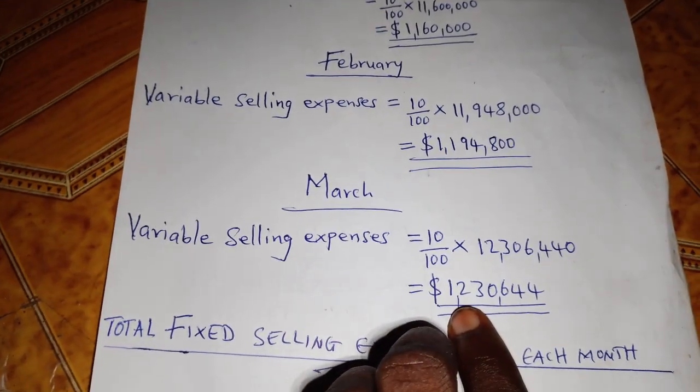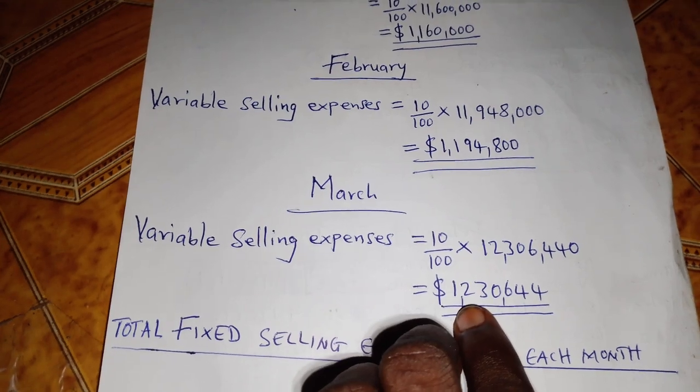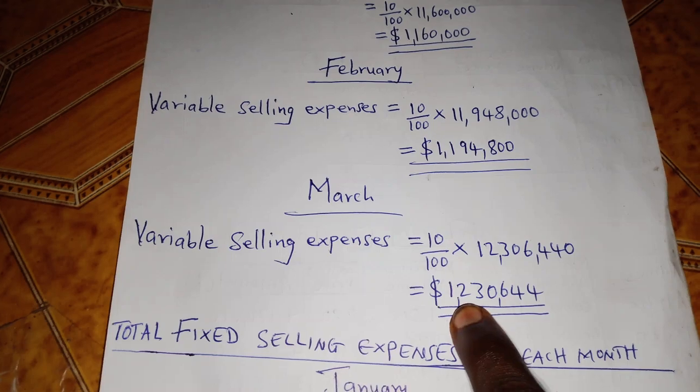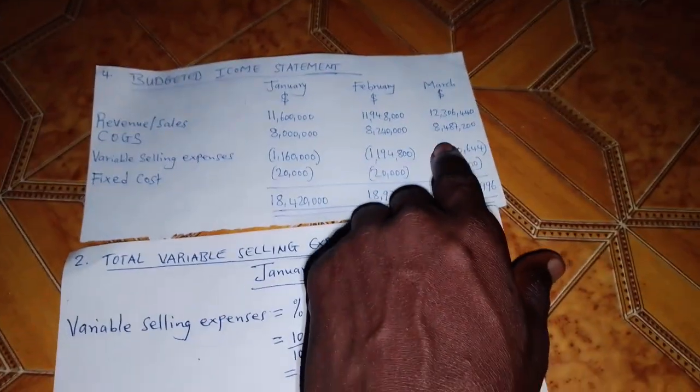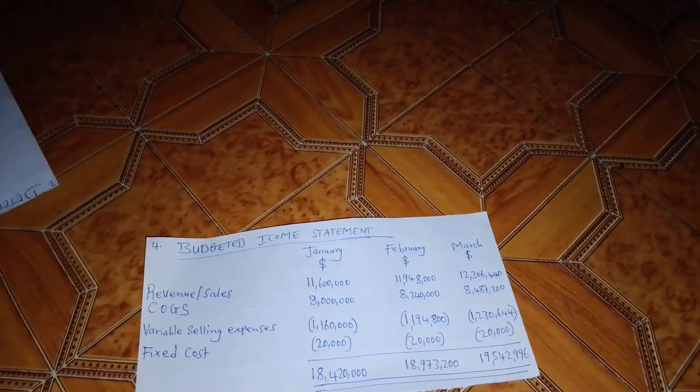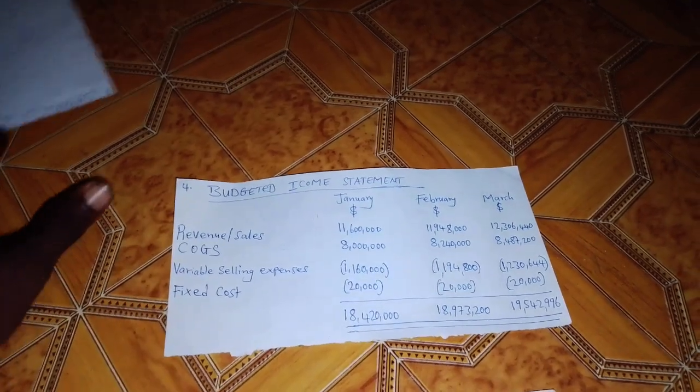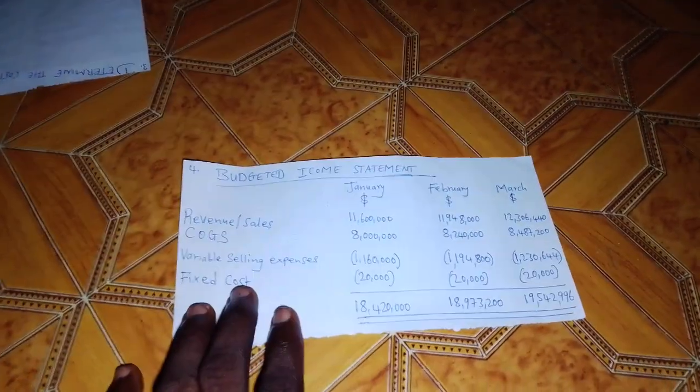When we move to March, the same thing. We take the total amount for March for variable selling expenses and bring it here again for the budgeted income statement. The fixed cost, of course, is constant.